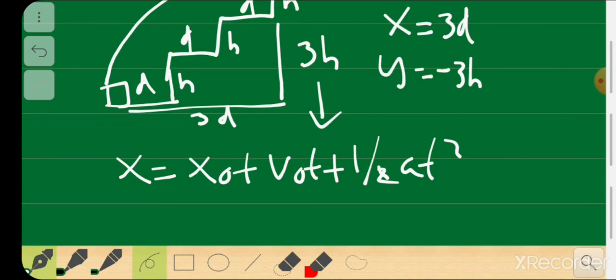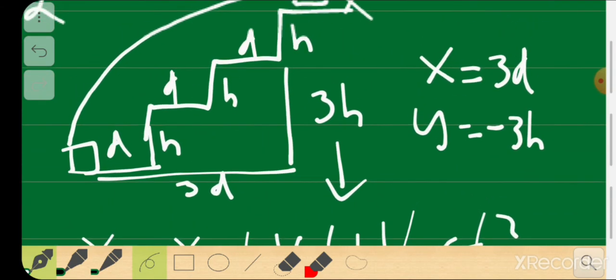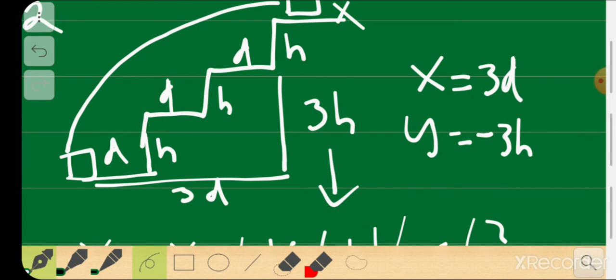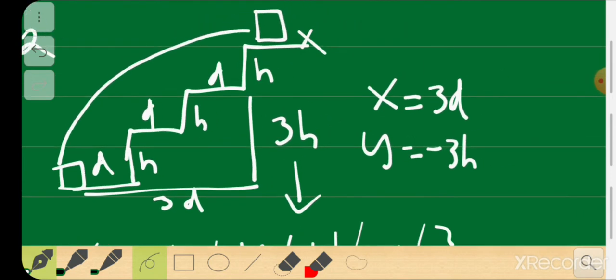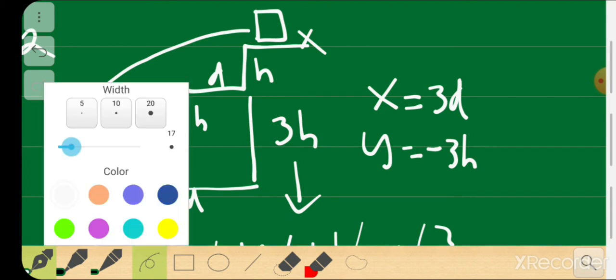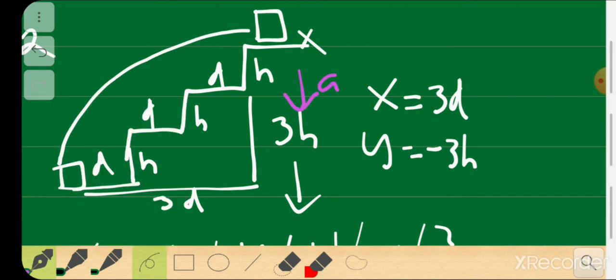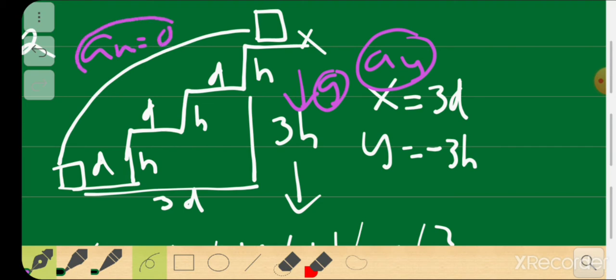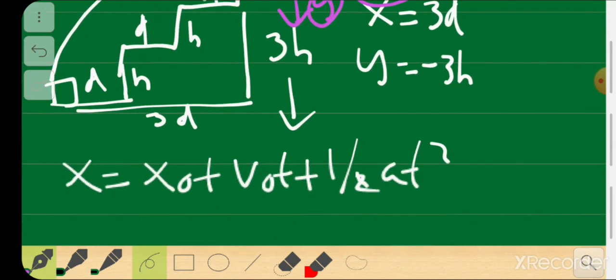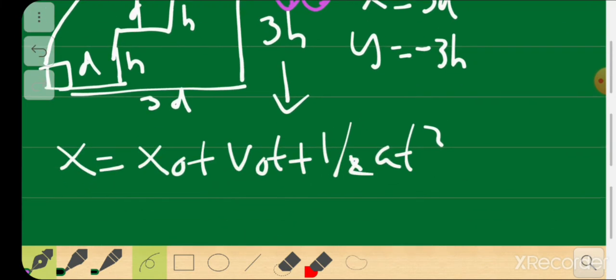In the x direction, you can see in the x-axis there is no acceleration, because the only force acting here is the gravitational force. Gravity is the only thing acting downwards, so the acceleration due to gravity is the only acceleration, which is in the y-axis, and the x-axis acceleration is 0. It started with the velocity, it is going to free fall.